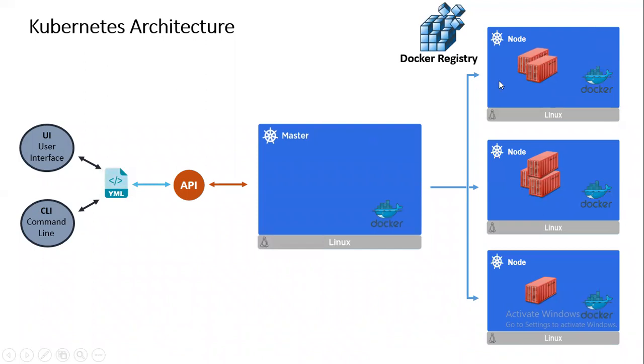So what is the need for these two types? Remember, the containers that you need will always be created on a worker node. Whereas the machine in which the administration happens is what we call the master machine or control plane.